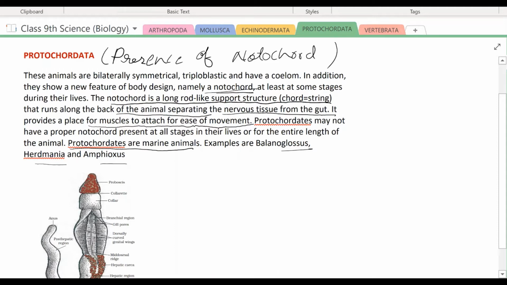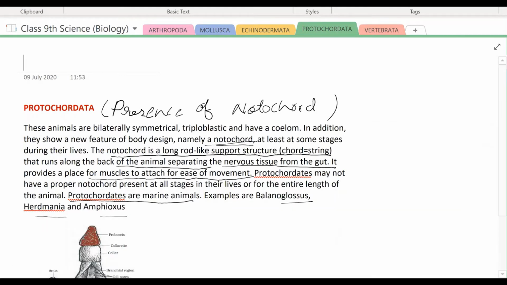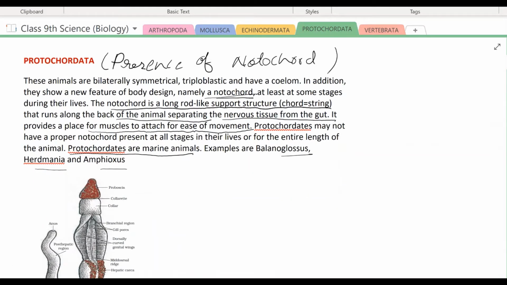Protochordata are the organisms that have a notochord in their life cycle. These animals are bilaterally symmetrical, triploblastic, and have a coelom. Coelom means body cavity. In addition, they show a new feature of body design, namely the notochord.